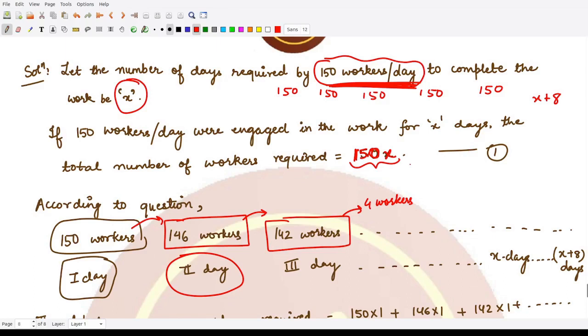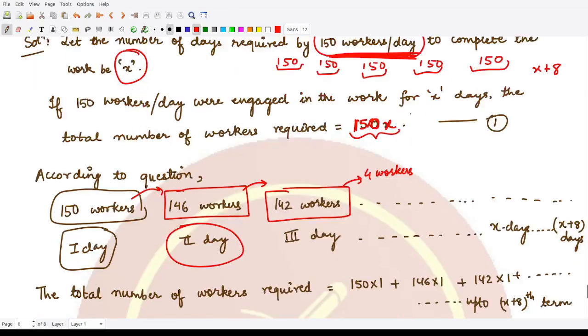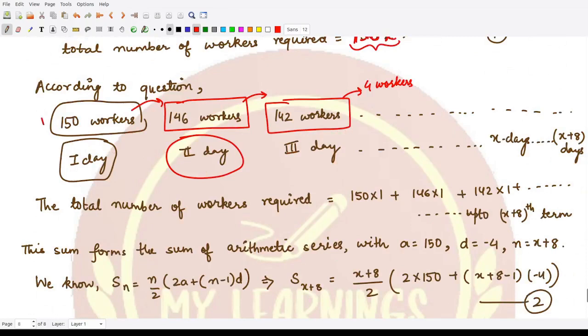And this would be the criteria when we have no worker leaving. Each day we have 150 workers working for us. Now according to the situation given in the question, we have 150 workers working on the first day, 146 on the second day, 142 on the third day, and so on.